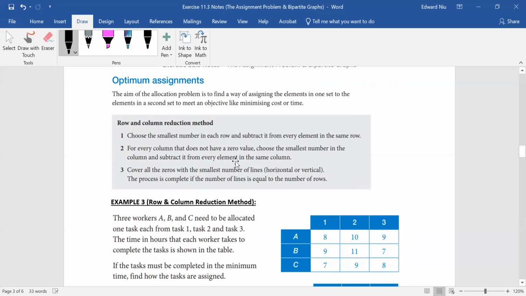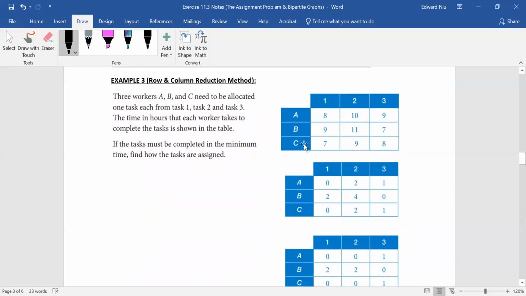So this is where row and column reduction comes in. When we have 3 people, for example, in example 3, where we've got 3 people competing for 3 jobs, and they've all got their own sort of price or time, we can figure out which one is going to be the cheapest or the quickest. So here we are talking about the time in hours.